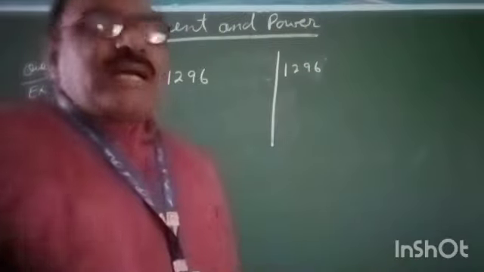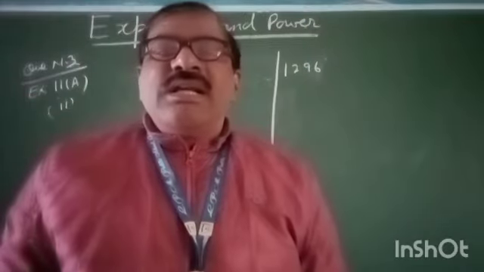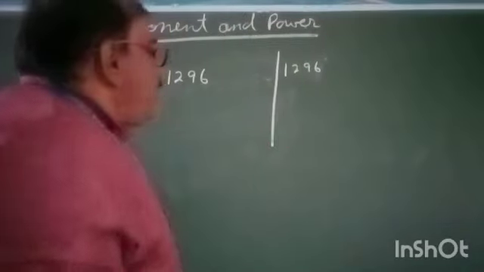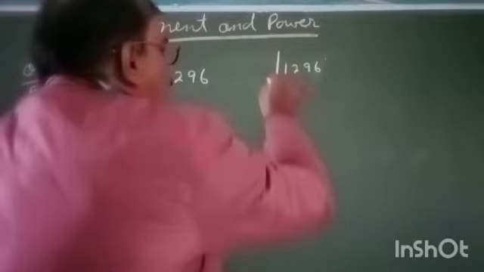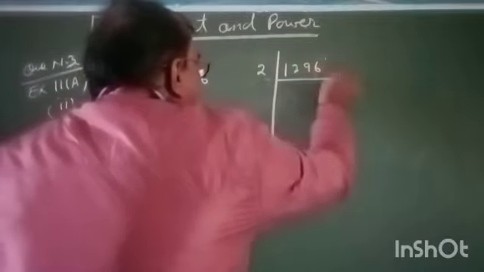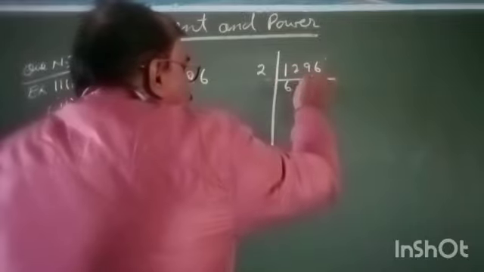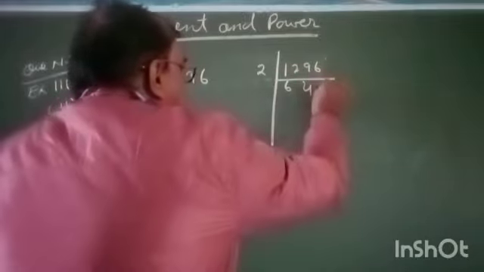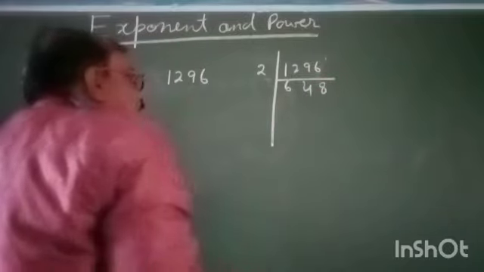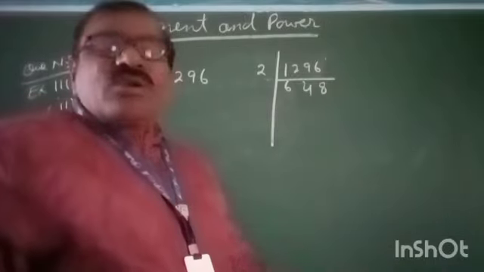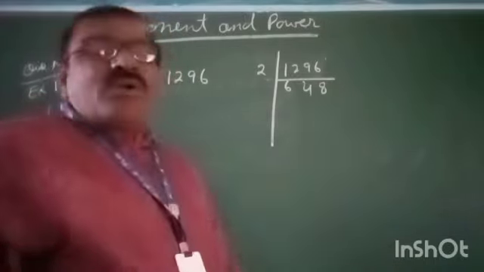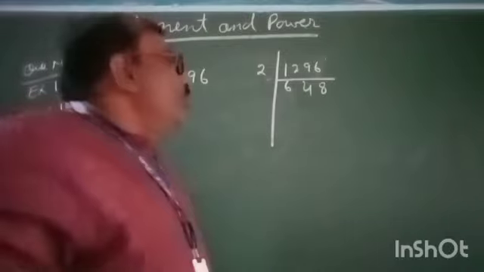So 1296 divided by 2 gives 648. 2 6s are 12, 2 4s are 8, and 2 8s are 16. Now 8 is also an even number, so 648 is also divisible by 2.